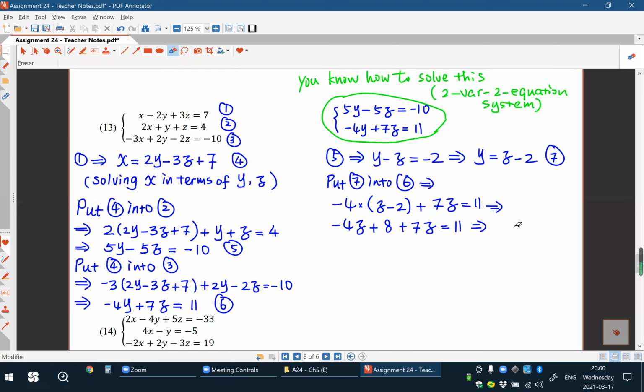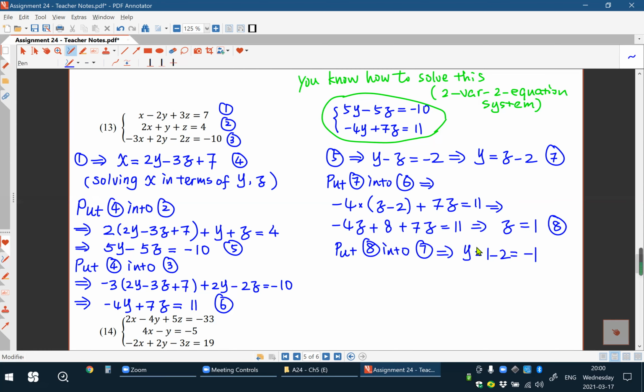Let's write it here, that is 1. So it's good that we have solved for that. Then how do we solve the other 2 variables? Note that you can put number 8 into number 7 to solve for y. So y equals z minus 2, which is 1 minus 2, which is minus 1.